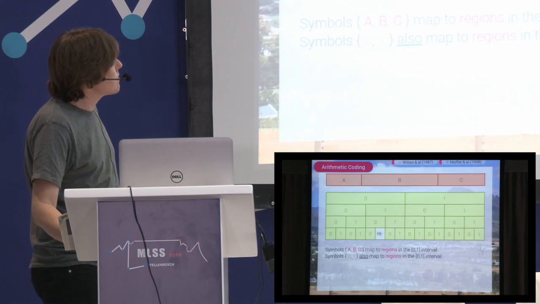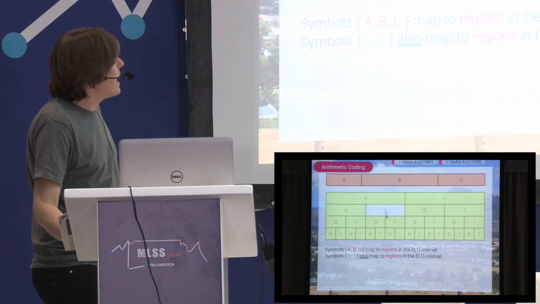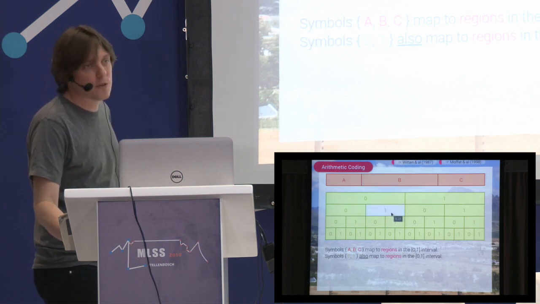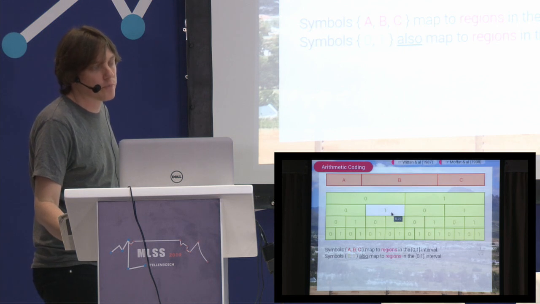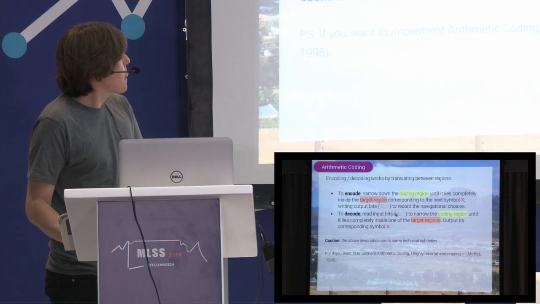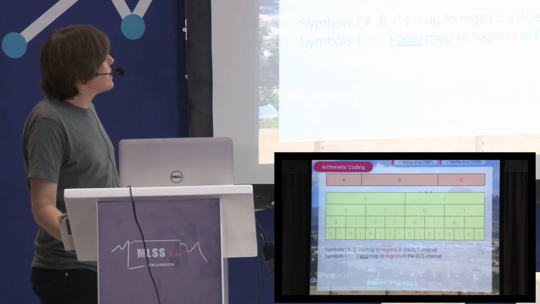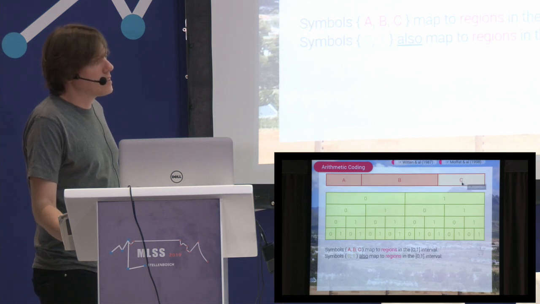So any of these fragments here will lie inside the B region and would therefore encode a B. But we can stop after just 0, 1, because that's sufficient in order to encode our B. This is the central idea behind arithmetic coding. So what we're going to do is we're going to have a target region, and that means effectively you have to be able to evaluate the cumulative probability distribution.